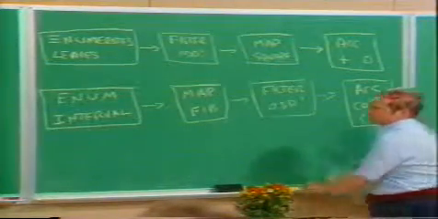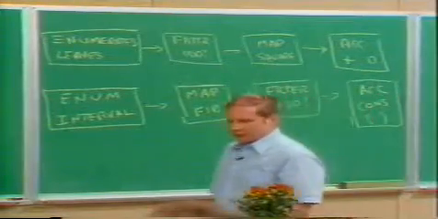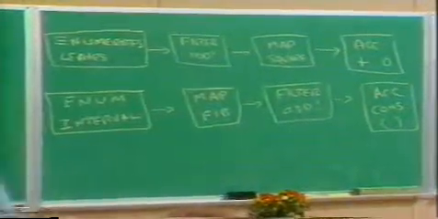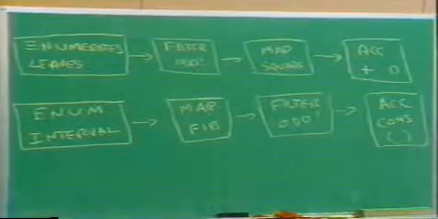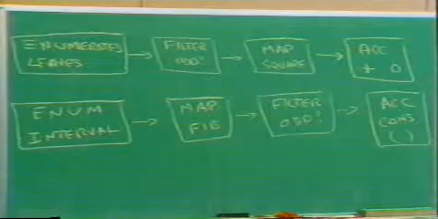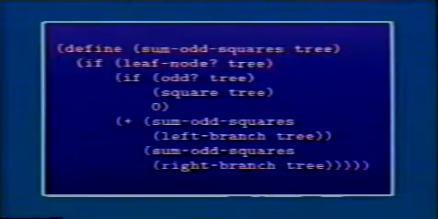Okay. So this way of looking at the program makes the two seem very, very similar. The problem is that that commonality is completely obscured when we look at the procedures we wrote. Let's go back and look at sum odd squares again and ask, where's the enumerator? Well, it's not in one place.